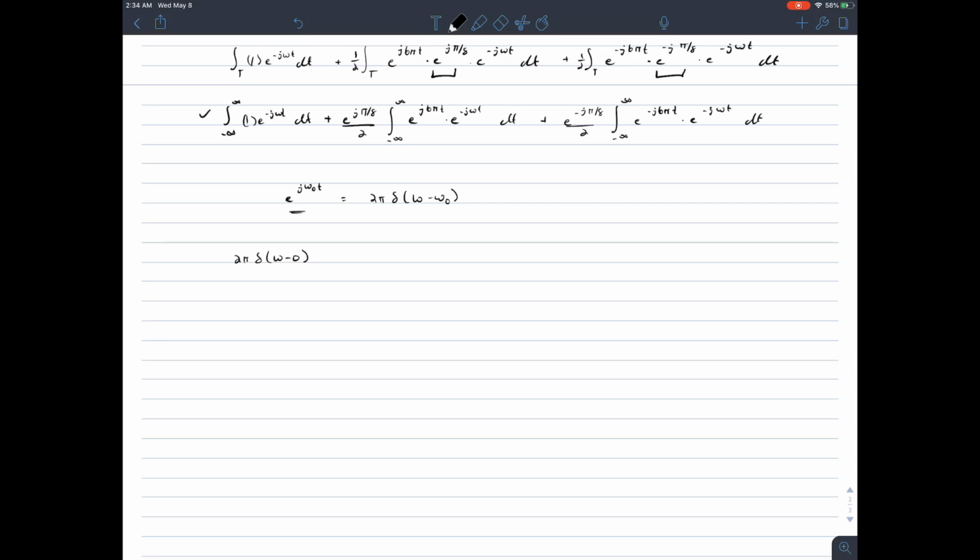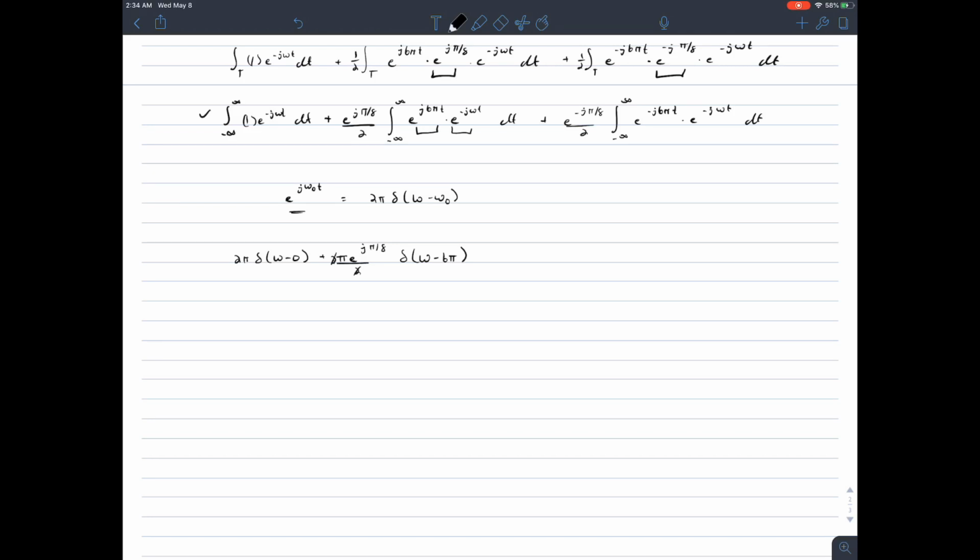Okay, and then our next one is going to be plus 2 pi e to the j pi over 8 over 2, which they cancel, times delta of omega. So this is the omega. We're going to be minusing 6 pi t, or just 6 pi because we're taking the t out. So minus 6 pi.